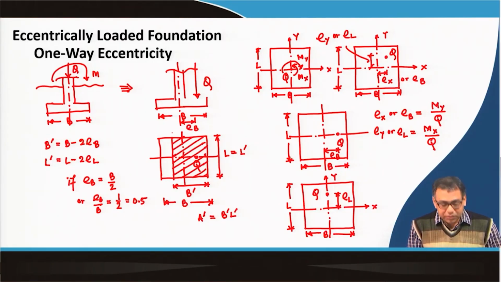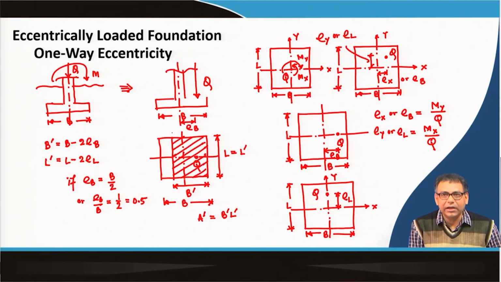So, in such a case the b dash value is equal to 0, which means the load will act at the edge of the footing. Similarly, if E L is equal to L by 2, then the load will act at the edge of the footing.